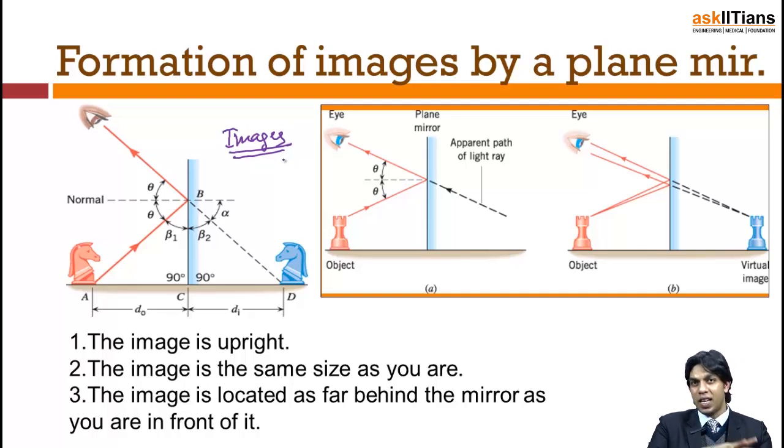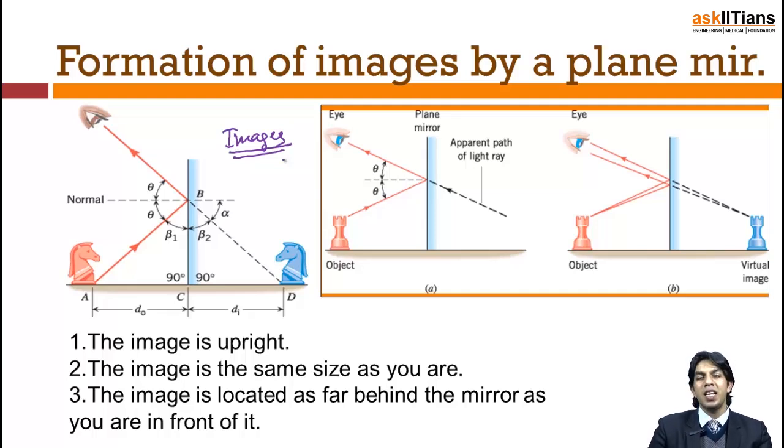Images, in a nutshell, are a collection of points. And what are those points actually? Those points are the points from which it appears that the light rays are coming. That point is called an image point of a particular point. A collection of those points is called an image.